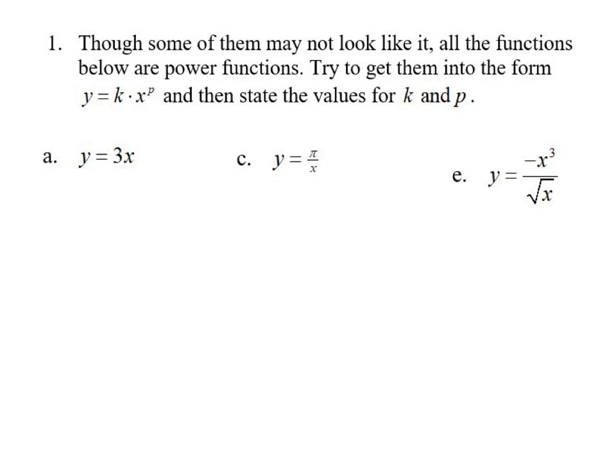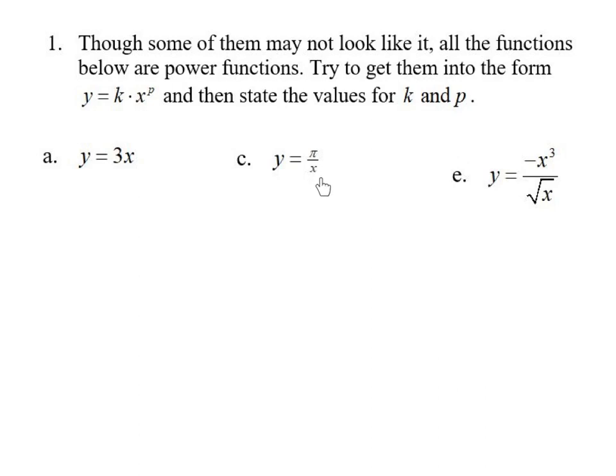So all 6 examples in number 1, you're looking at 3 of them, are power functions. So your job is to figure out what is the k and what's the p. Some of these may be easier than others. Certainly with part A, I think I'll withhold what I'm going to say about that till later, give you a chance to figure out what k and p are for that.